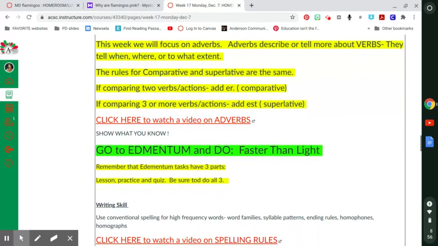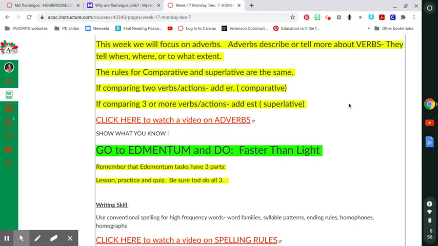Now this week we're going to focus on adverbs. Adverbs describe or tell more about verbs. They tell when, where, and to what extent. But the rules for comparative and superlative are the same. If we're comparing two verbs or actions, we'll add ER to the adverb.